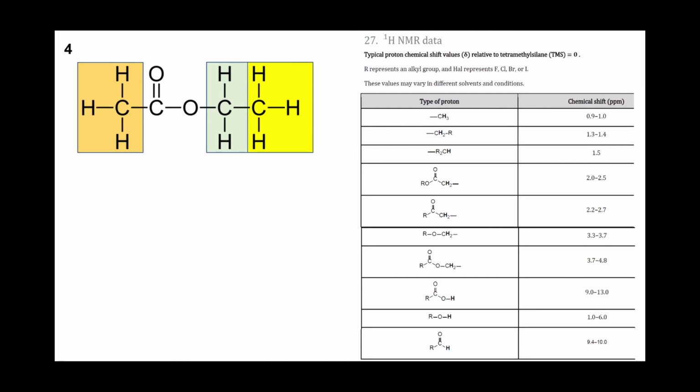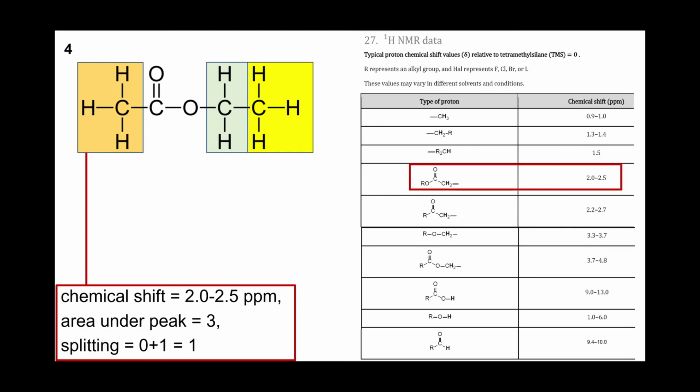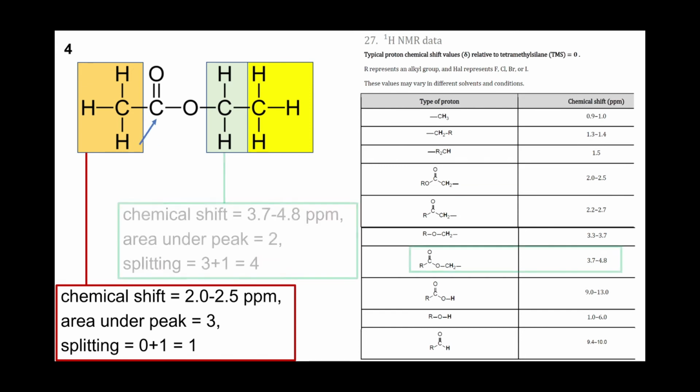We expect to find the peak at 2.0 to 2.5 ppm for this alkyl group. There should be an area of 3 under the peak, as there are 3 hydrogen atoms in the environment, and a singlet for the splitting, as there are no neighboring hydrogen atoms.